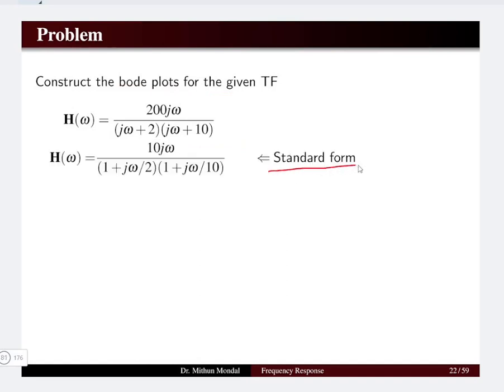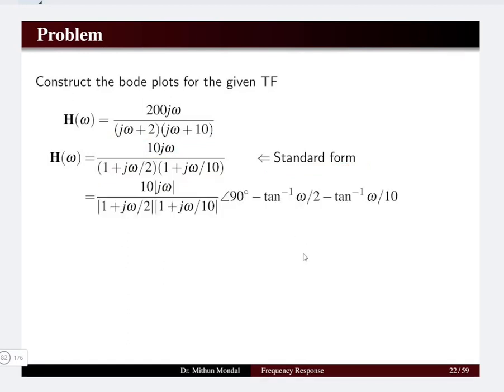First, we will convert it to the standard form. The standard form has all factors involved in the transfer function in the form given in the standard expression. Here we have converted the expression having the poles to 1 plus j omega by 2, and 1 plus j omega by 10, and then correspondingly our numerator will change.